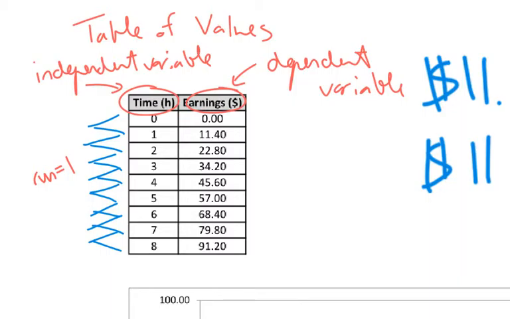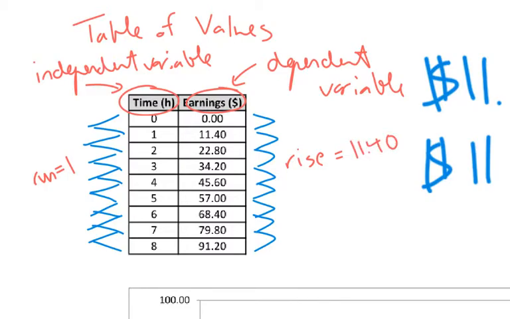Over on the right side, you can see earnings. And what I want to do is figure out how much these earnings are increasing. And that would be considered the rise. If you look carefully, the rise is always the same amount, and that amount is $11.40, because for every hour you work, you earn another $11.40.